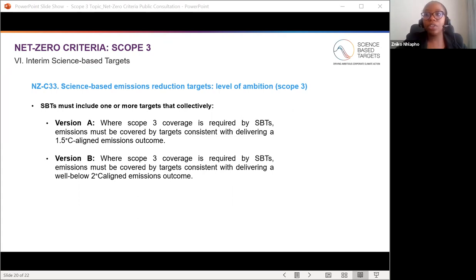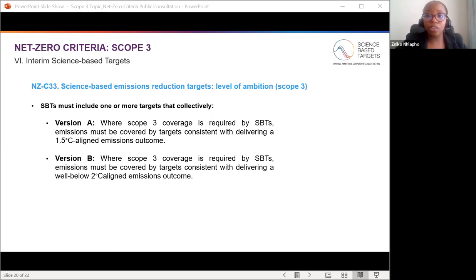Because it's often harder for companies to control, influence, or even assess changes to their Scope 3 emissions, some experts in the corporate and sustainability community contend that Scope 3 emissions should not be held to the same minimum ambition as seen for Scope 1 and 2.